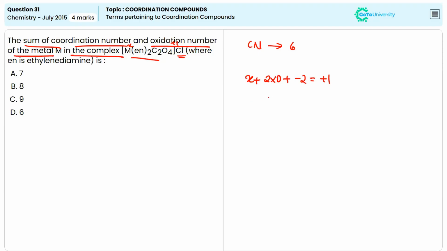So we can write X minus 2 equals plus 1, so X is equal to plus 3. The coordination number is 6 and the oxidation number is plus 3. So the sum of the coordination number and oxidation number will be 6 plus 3, that is 9. So the correct answer is C.